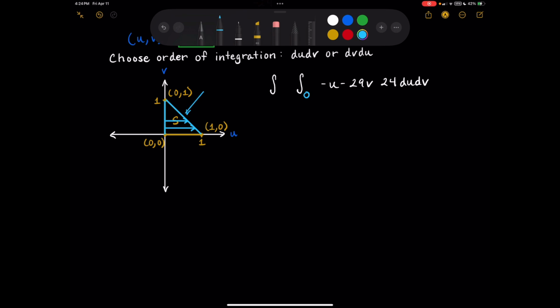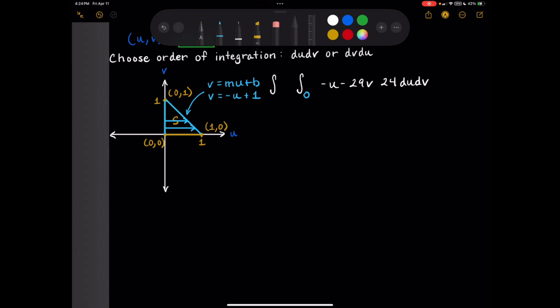So this line is of the form y equals mx plus b, but I'm going to obviously change the variables because we're using this in a u and v coordinate system, right? So we have the equation v equals mu plus b, right? V is our y, u is our x, and that means that v is equal to, our slope here is -1, so negative u, and our y-intercept is +1, right?